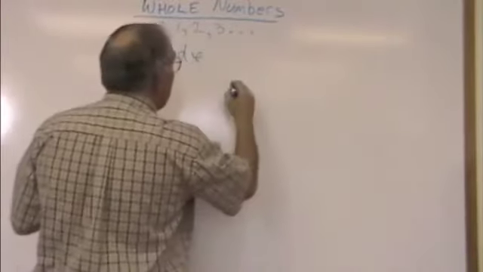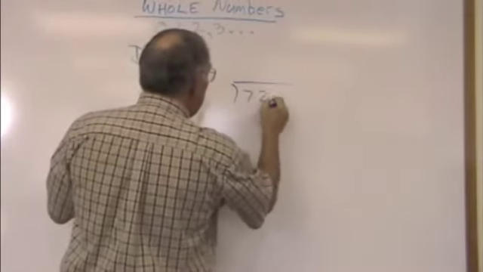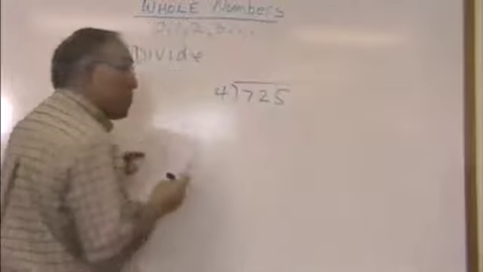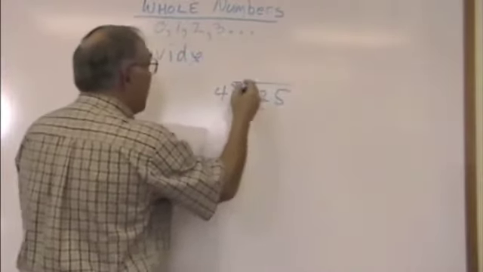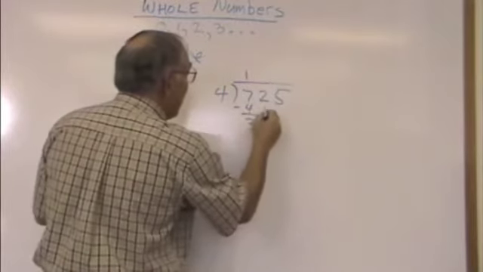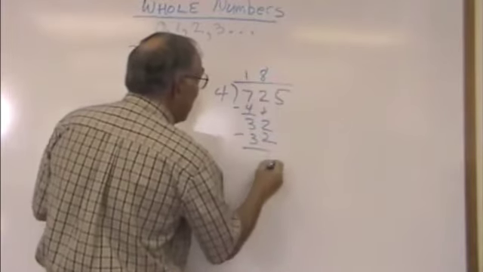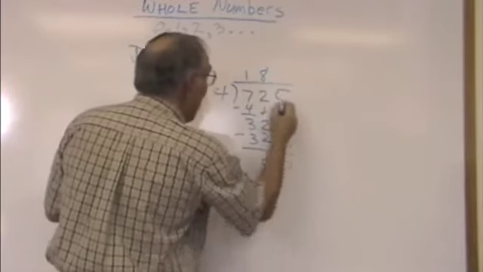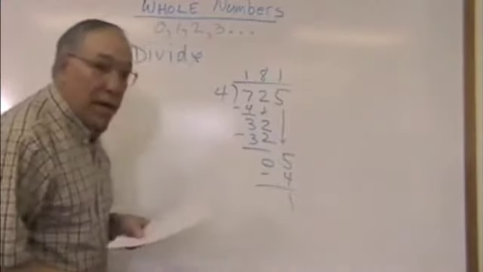Same way, we've got 725, and this is dollars. I'm going to divide it by 4. 4 goes into 7 once. 4, I get 3, bring down the 2, that's an 8. 8 times 4 is 32. I bring down the 5, I'm still getting the same answer, and I've got a remainder of 1 here.